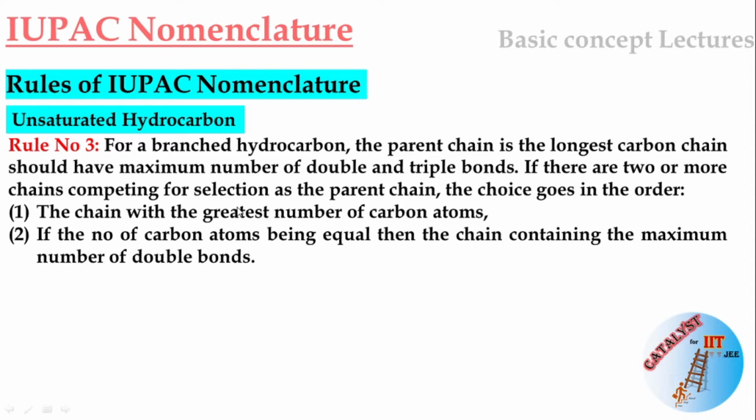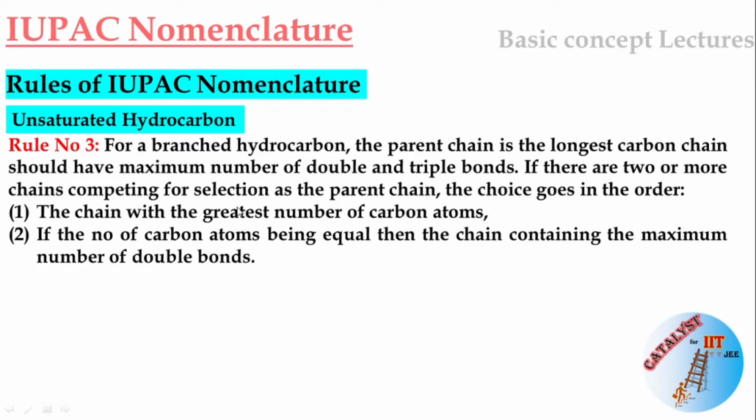For example, if your substituent has a double bond or triple bond in it, then according to rule number 1 your parent chain should have all the double bonds and triple bonds in it. But sometimes it is not possible to take all the double and triple bonds in a single parent chain.